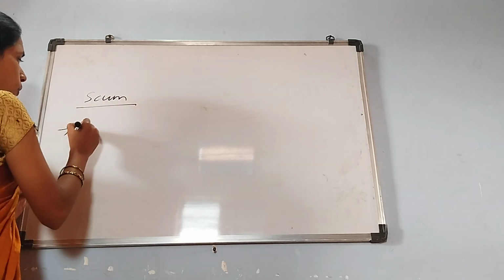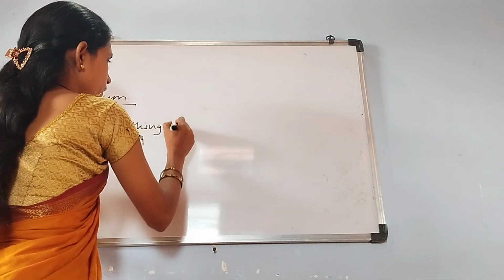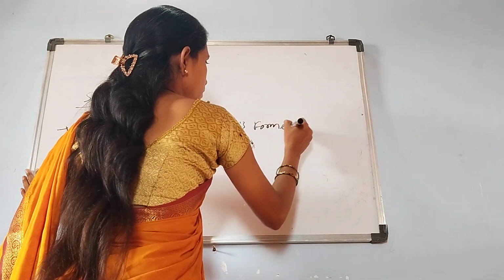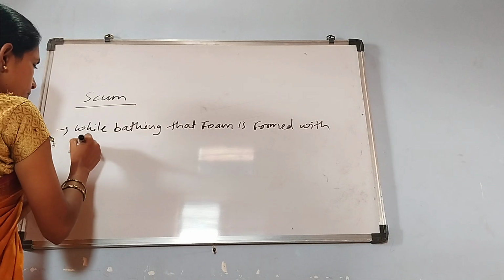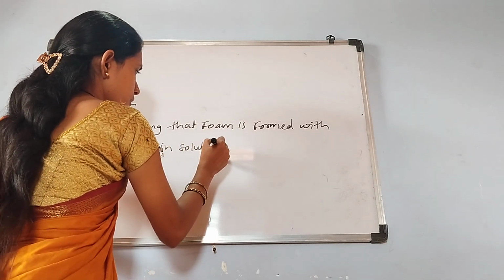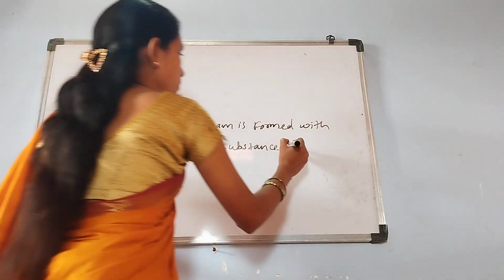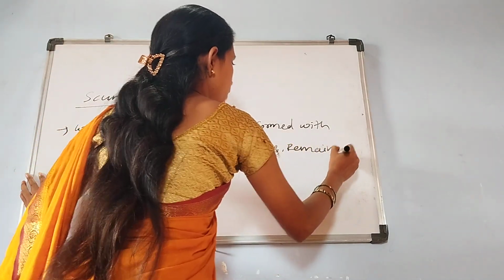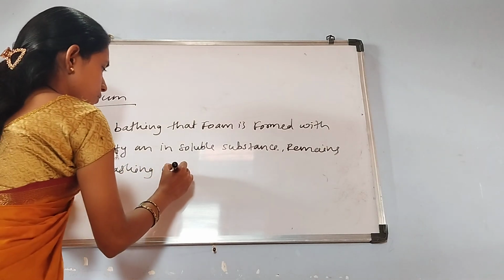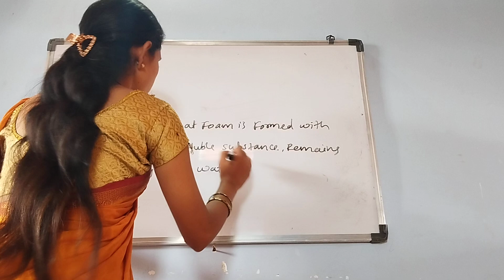Scum is, while bathing, foam that is formed with difficulty, an insoluble substance that remains after washing with water. That white precipitate of foam is called scum.